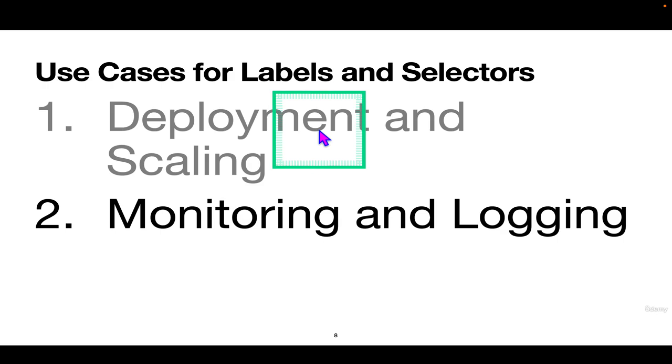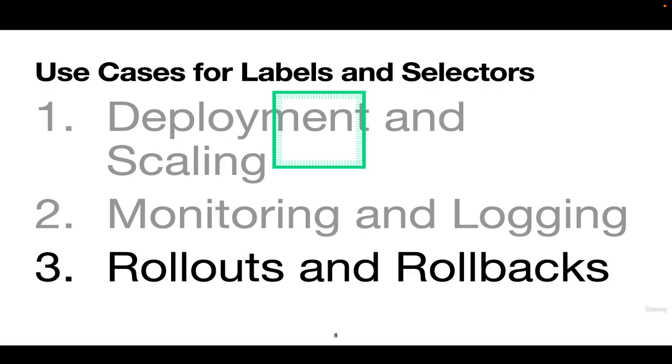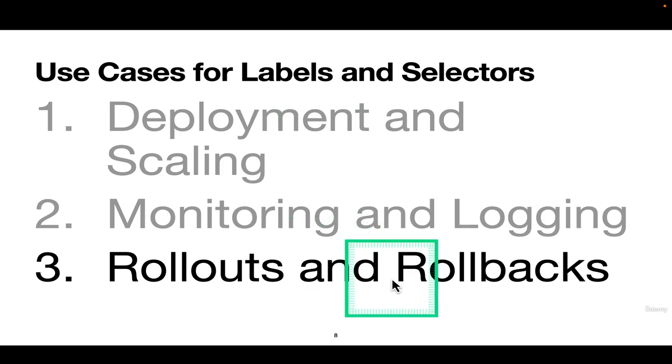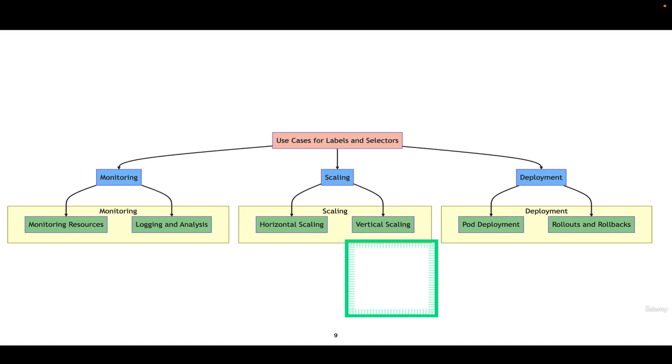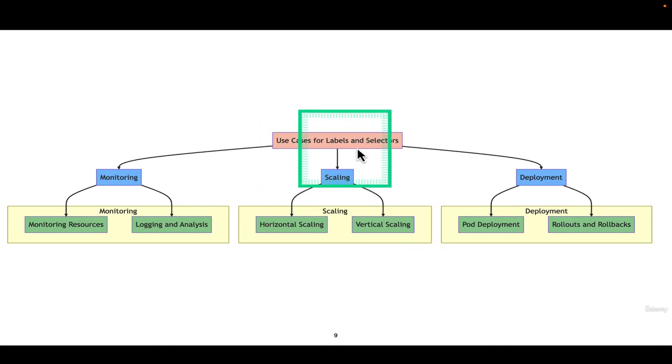Monitoring and logging: they also help by enabling the grouping of related resources for easier tracking and analysis. And rollouts and rollbacks: additionally, they facilitate smooth rollouts and rollbacks by identifying specific versions of an application and managing updates.